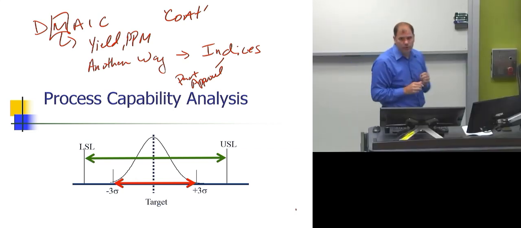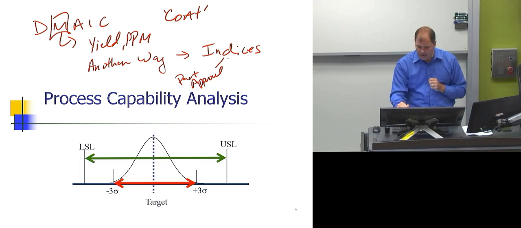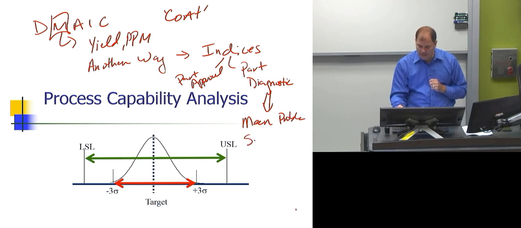Another reason why people use indices is it can help with part diagnostics. In particular, it gives us a way to evaluate, do we have a mean problem? Do we have special cause mean shifts?